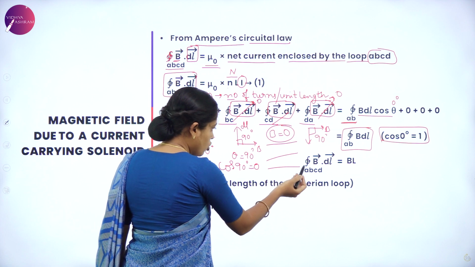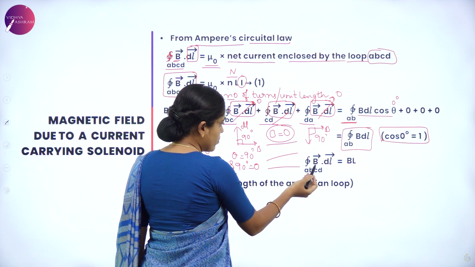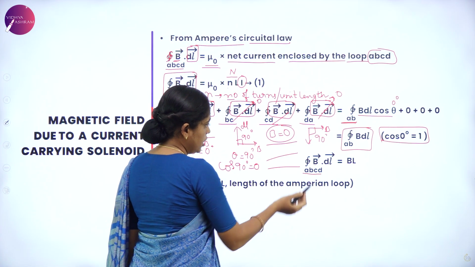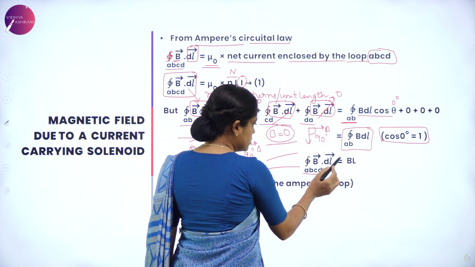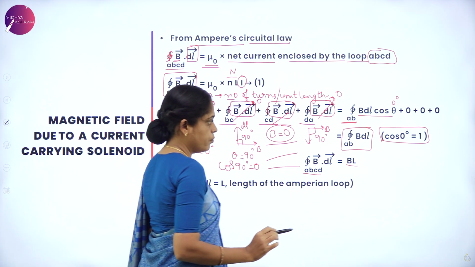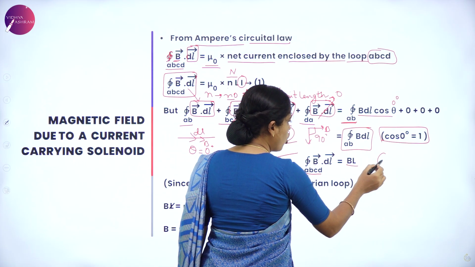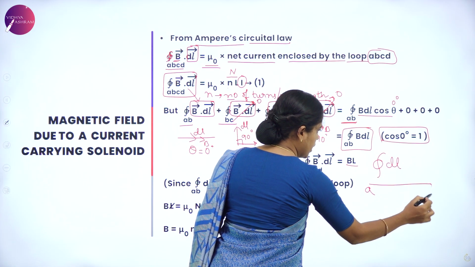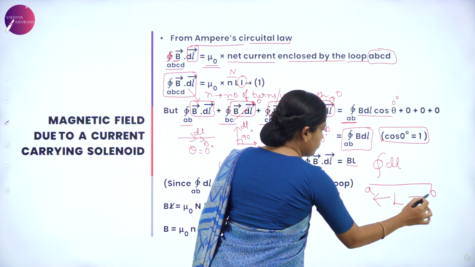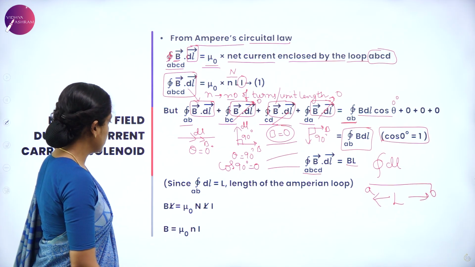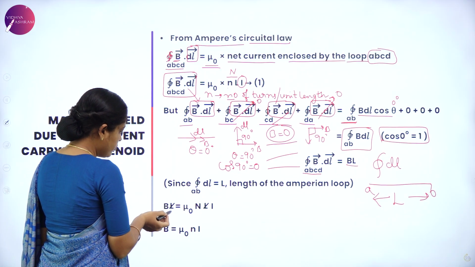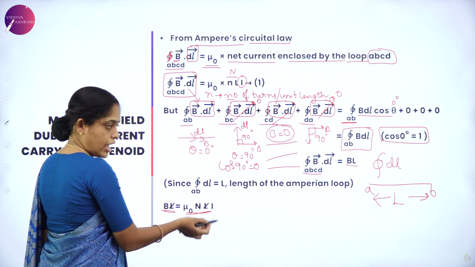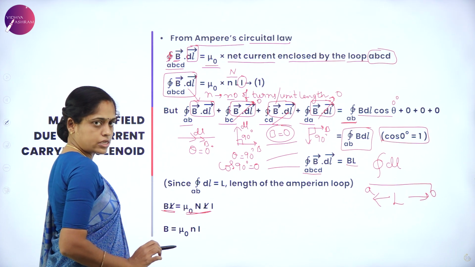Therefore, the line integral of the magnetic field around the closed path ABCD, B dot dl, is equal to BL, because the integration of dl over side AB gives the total length L. The LHS is BL and the RHS is mu naught nLI, where L gets cancelled.